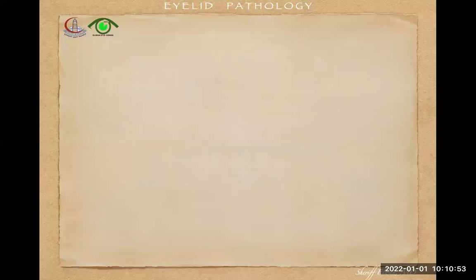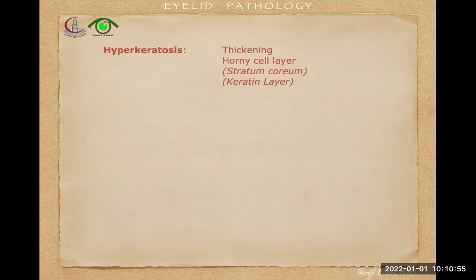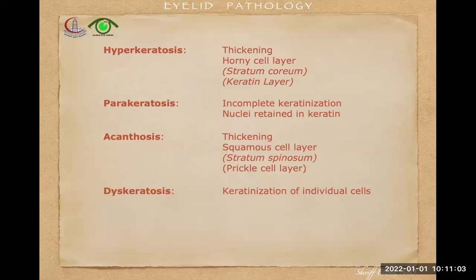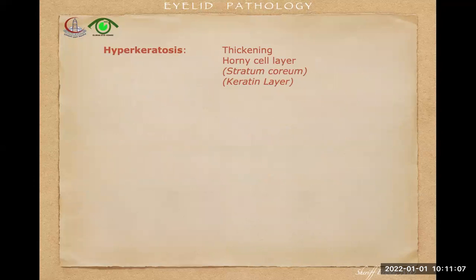Now we come to epidermal lesions, not whole skin lesions. And epidermal lesions are hyperkeratosis, parakeratosis, acanthosis, dyskeratosis, and acantholysis. Let's start with hyperkeratosis, and this means thickening of the horny cell layer, which is the stratum corneum that we described, the keratin layer.